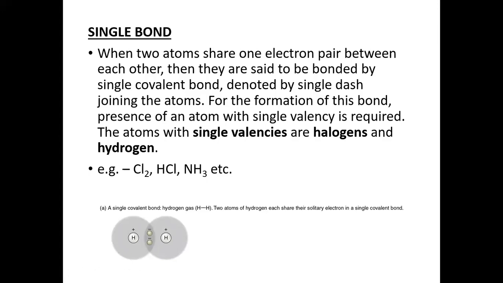The atoms that produce single valency, we call halogens. Any atom that links with hydrogen will form a single bond, for example HCl and NH3, ammonia, right?